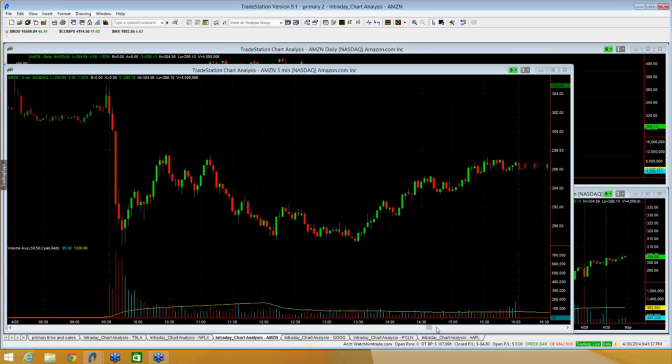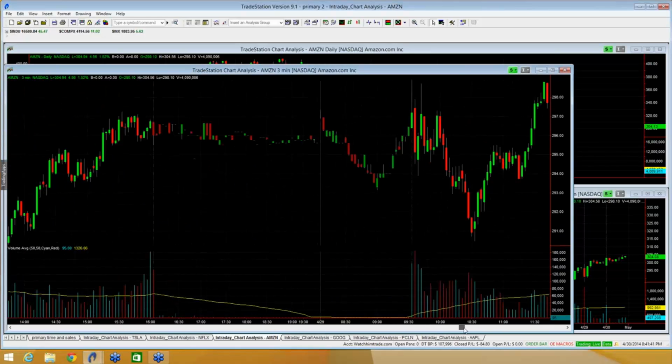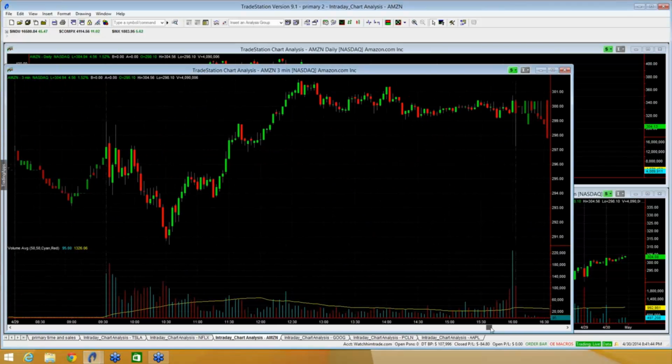So remember what I've just showed you from Monday and Friday. Now let's fast forward to yesterday and compare. We had a 9-point range the first few minutes of the day on Friday, and then a 12-point range on Monday. Look what you have here from Tuesday's price action.